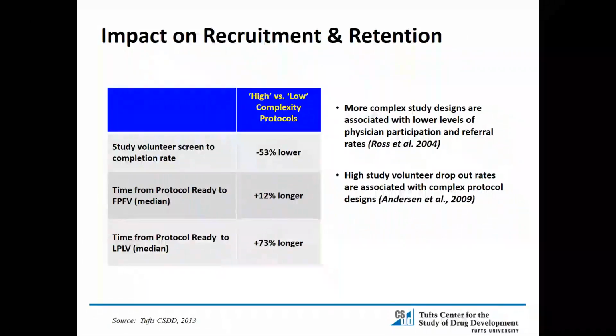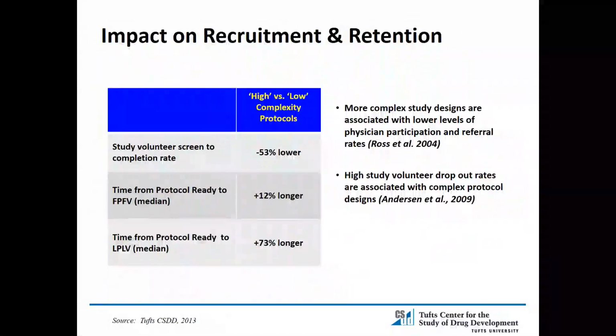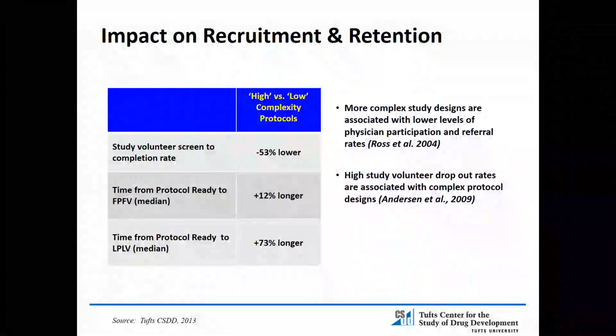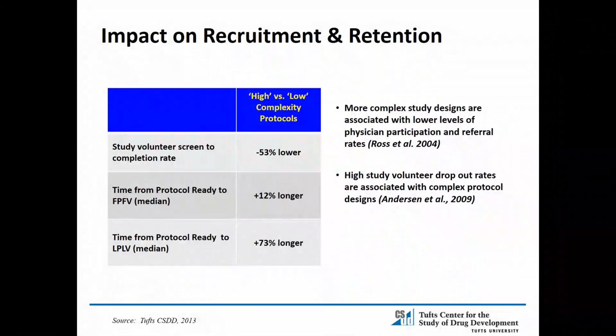We can look at patient recruitment and retention rates, for example, and what we found in a study that we conducted in 2013: those protocols that were in the top tertile of complexity were associated with significantly longer cycle times, but not at the beginning of the trial.